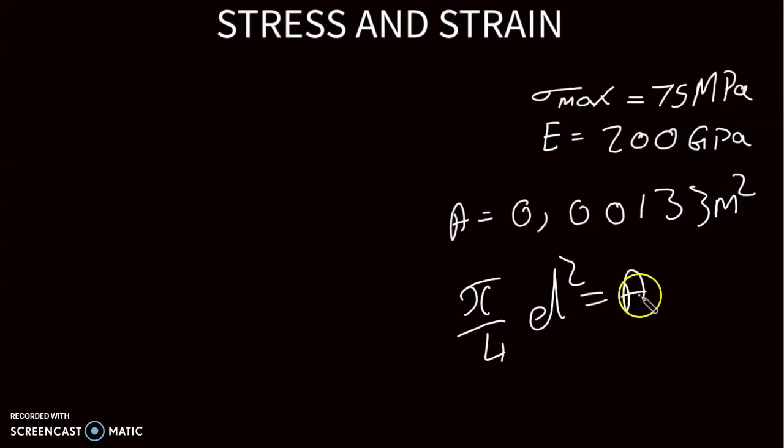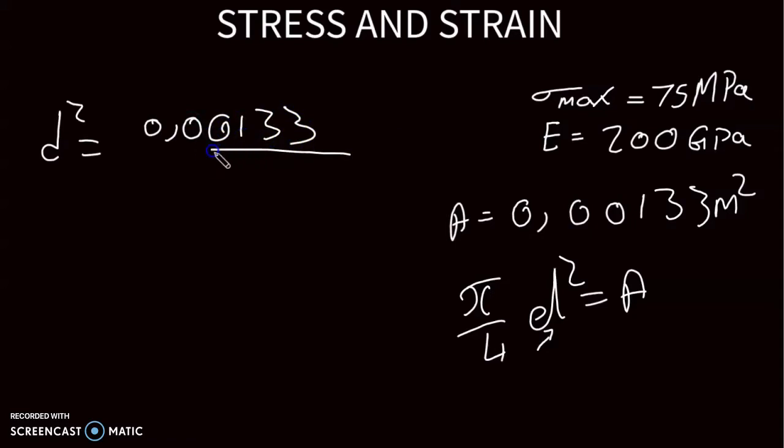We have the area, pi, 4. The only unknown that we do not have is the diameter that we're looking for. Therefore, we're going to say diameter squared equals the area, 0.00133, times 4 divided by pi.